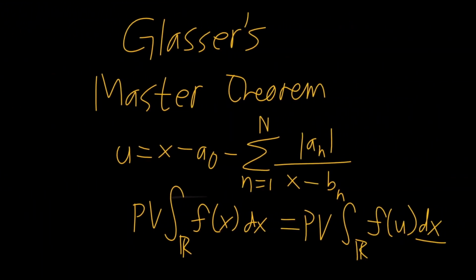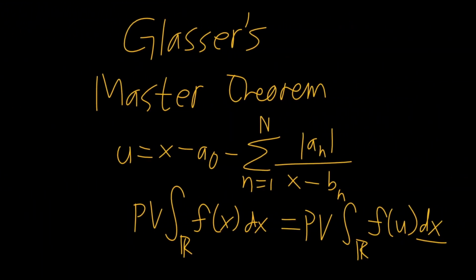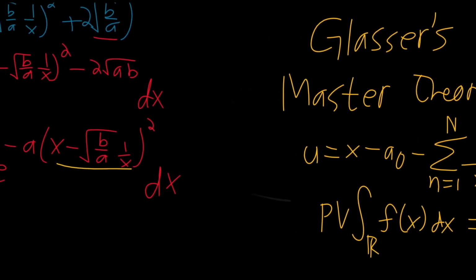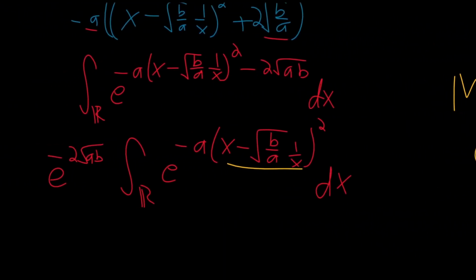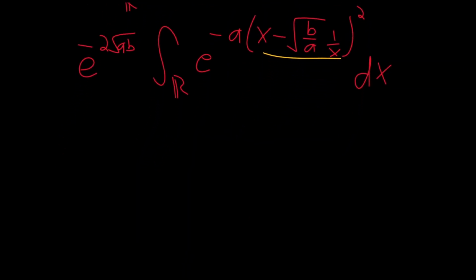Very clearly that fits the criteria in Glasser's master theorem, because you just let that equal 0, and then let that right there equal square root of b over a. So rather clearly our integral fits under the conditions for this, and we can just evaluate it as such. So what we have for this integral part is, at least the principal value of it, equal to the other one.